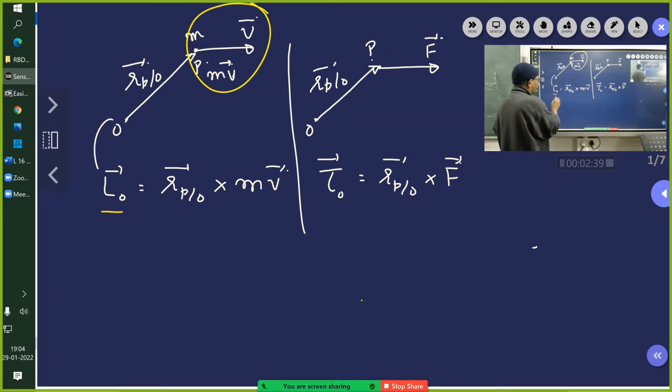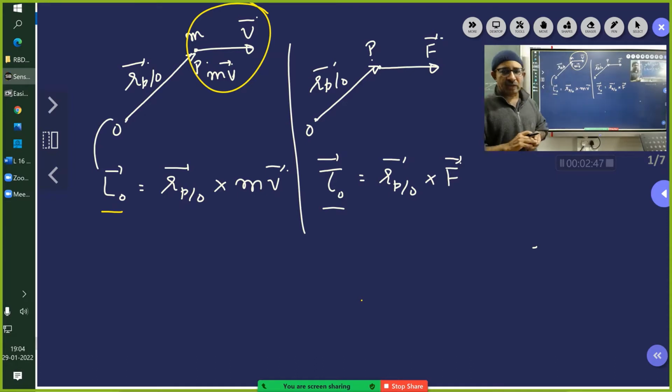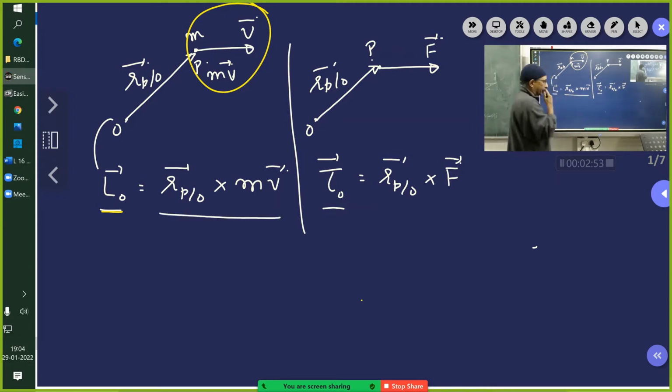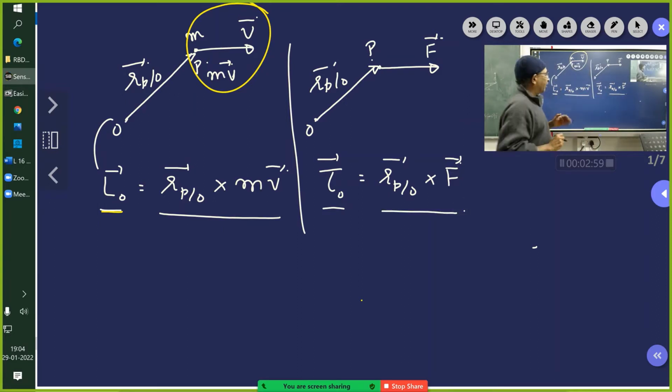So angular momentum was a concept we understood yesterday, and torque is another concept that we are going to understand today. We define this concept by this mathematical expression. It has its own physical significance, and I will go into the details of that.